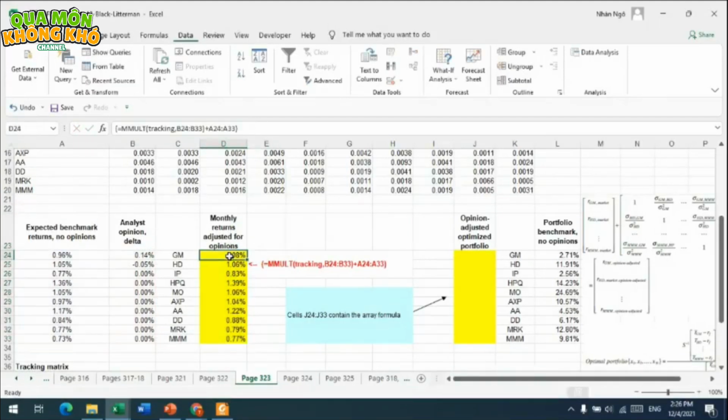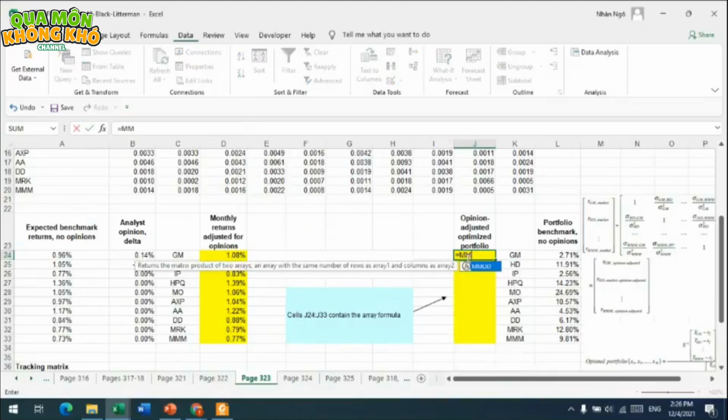And here is our market return when we are accepting the delta. You can see it changed.